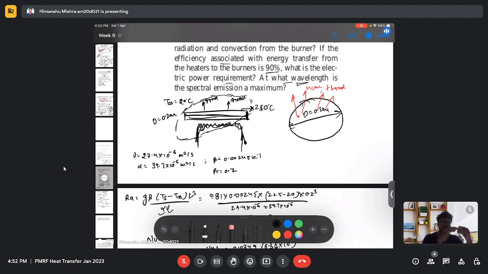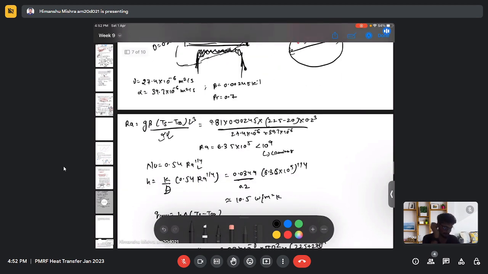Since there is no incoming flow from any direction, there is no forced convection, there will be free convection. For this, we calculated the Rayleigh number. If it were forced convection, we would first determine the nature of flow based on the Reynolds number. In free convection, we determine the nature of flow based on the Rayleigh number. If the Rayleigh number is less than 10 to the power 9, the flow is laminar near the surface, and far from the surface there is no flow at all because it's free convection.